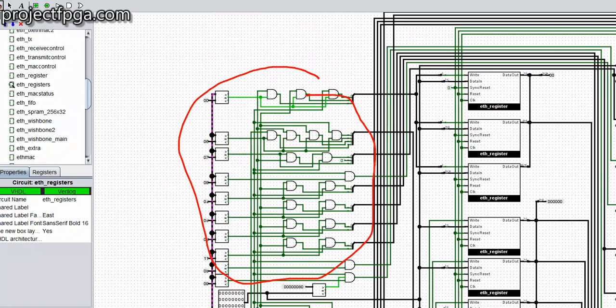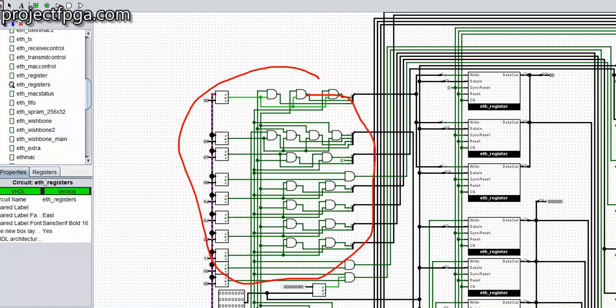Then the synchronous reset is tied down to 0. That is to say, you cannot synchronize. The sync reset is tied down to 0, so you cannot use it to reset the whole circuitry.